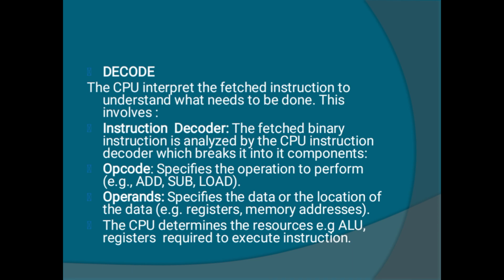Example: add, store, and load. Operands: they specify the data or the location of the data. Example: registers and memory addresses. The CPU determines the resources, for example the arithmetic logic unit, that's ALU, and registers required to execute the instruction.